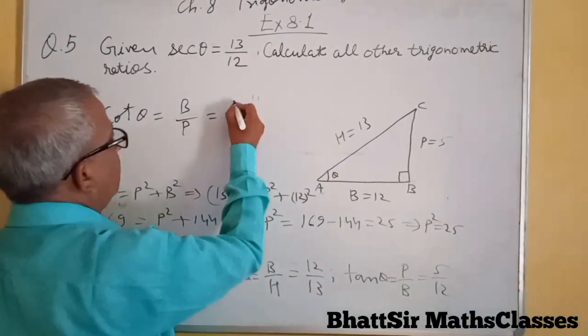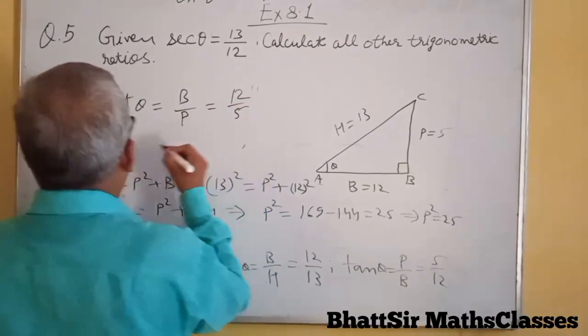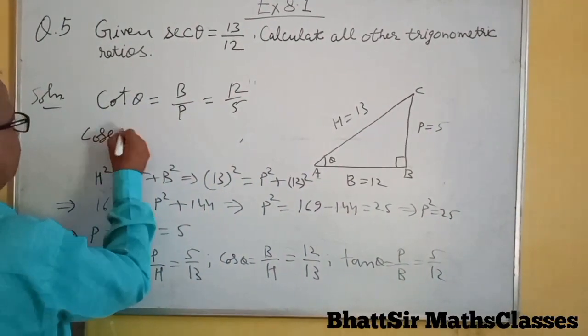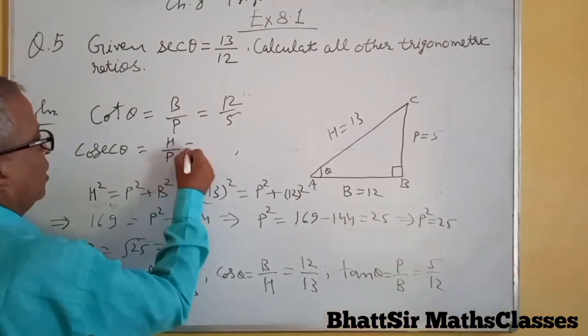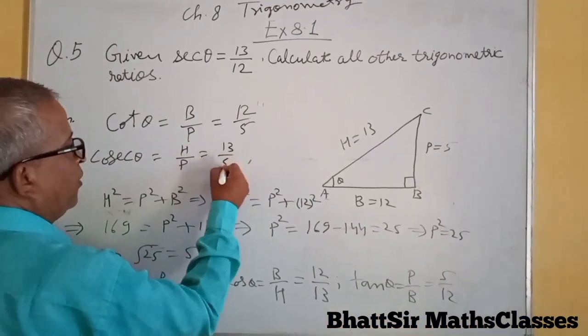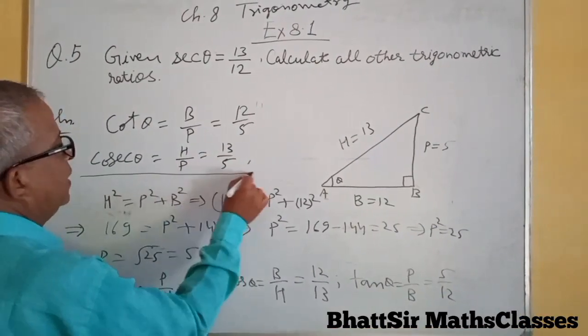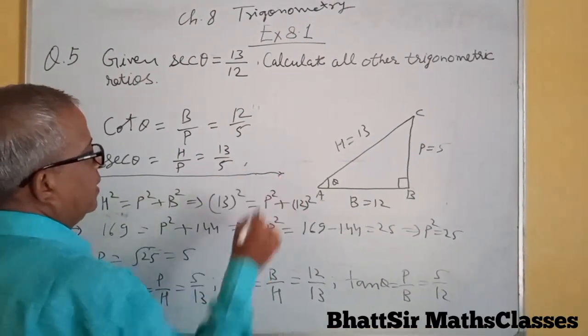It means 12 upon 5, and cosec theta equals hypotenuse over perpendicular. It means 13 upon 5. It is the answer.